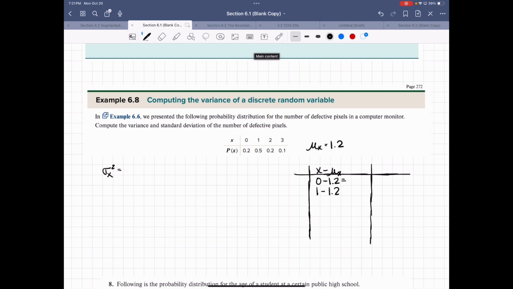Then I have 2 minus 0.2. And then I have 3 minus 0.1. Right? Oh, I did make a table on here. Okay?